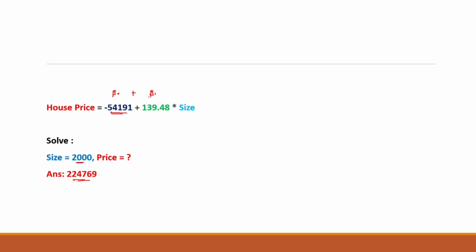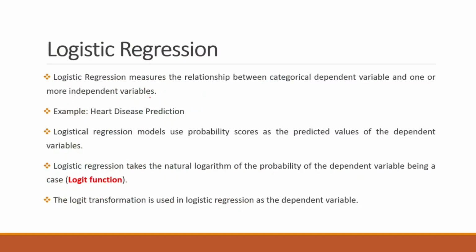Now let us look into something new, that is logistic regression. The logistic regression measures the relationship between a categorical dependent variable and one or more independent variables. So till now we have assumed that regression is all about calculating a continuous value, right? That's the problem we have solved, like price is a continuous value.